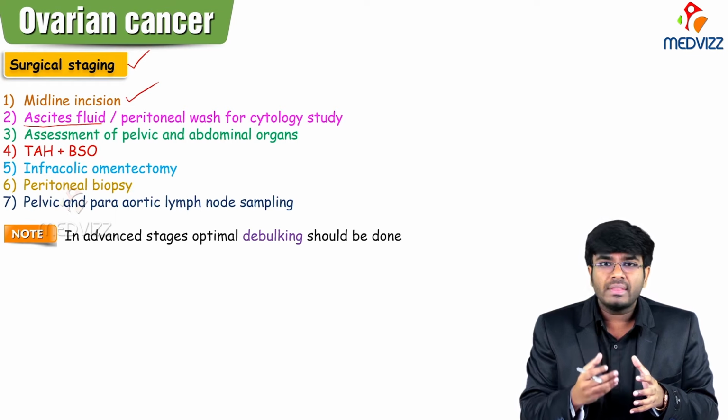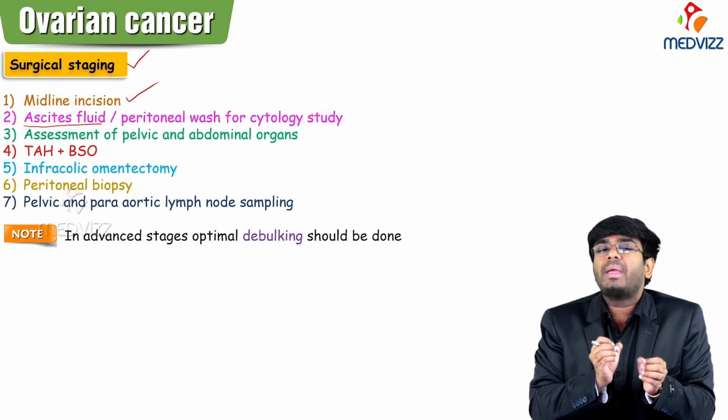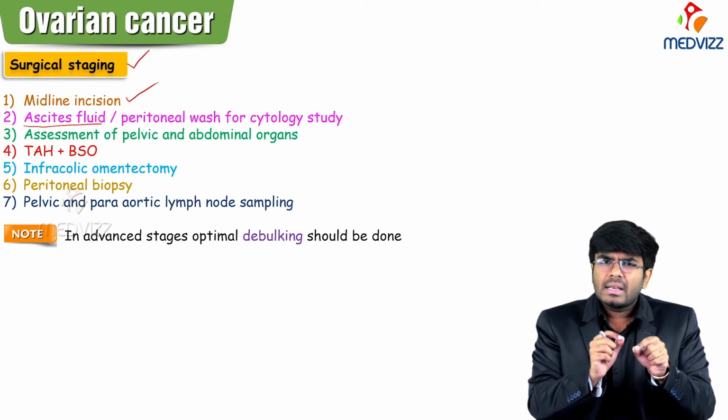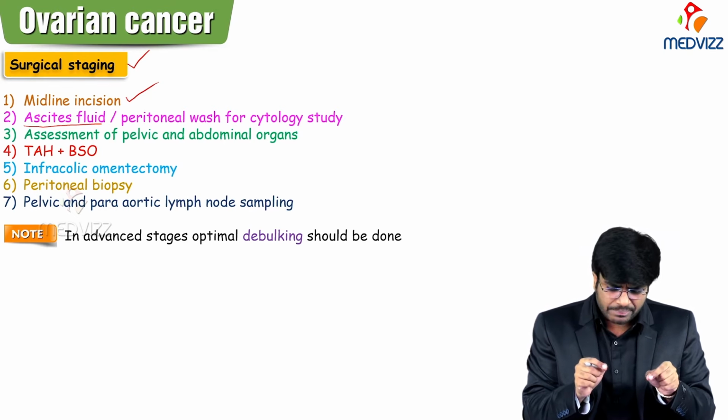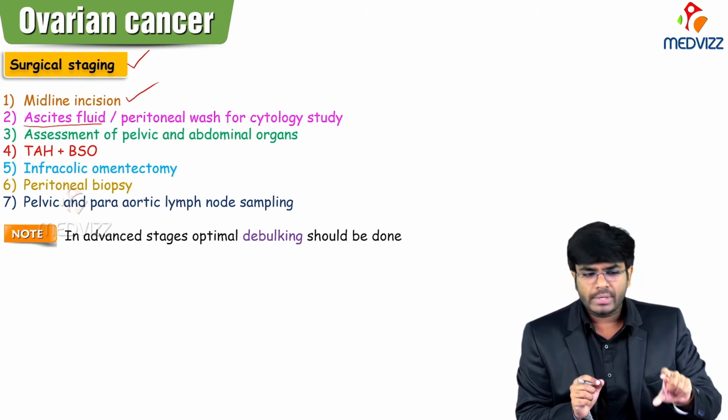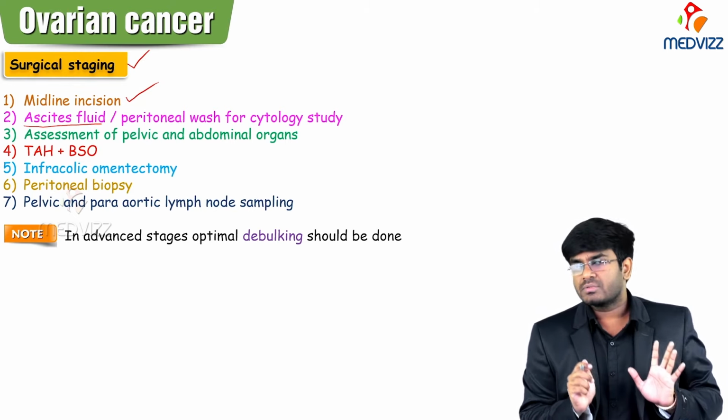To know whether there is a microscopic metastasis or whether this tumor cell is entering this ascitic fluid, we collect this ascitic fluid and send it for the cytology. That's what we are going to do.